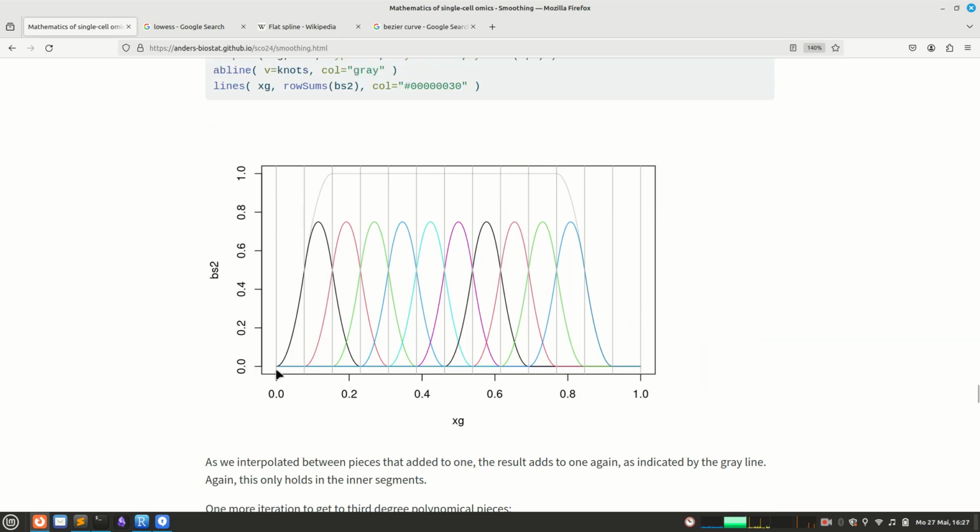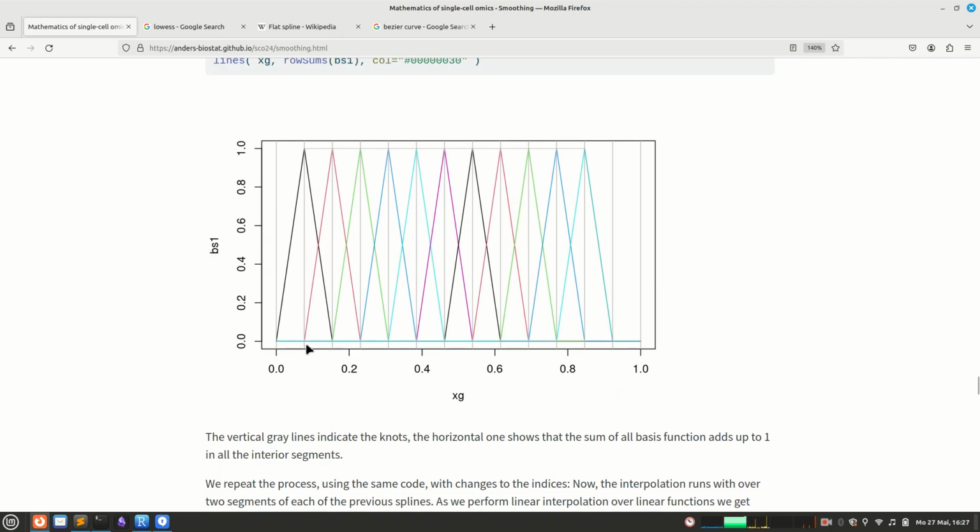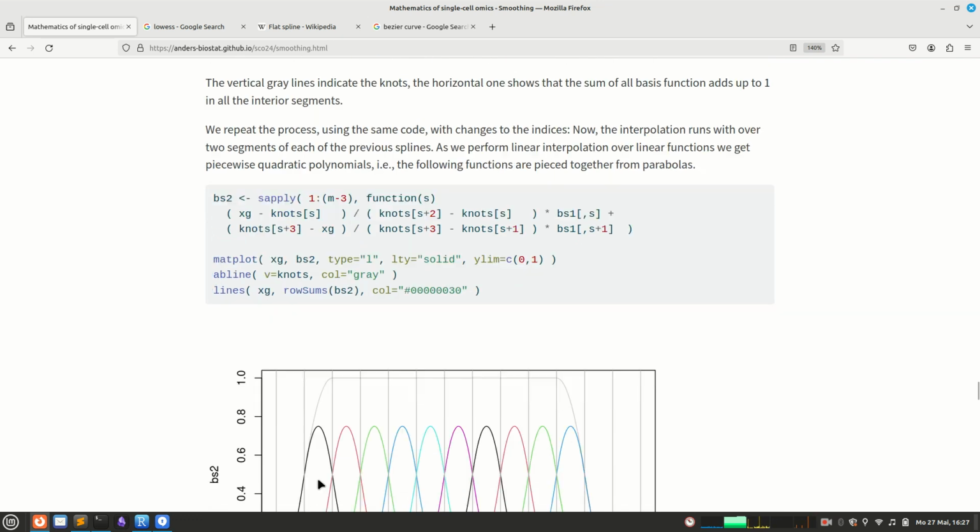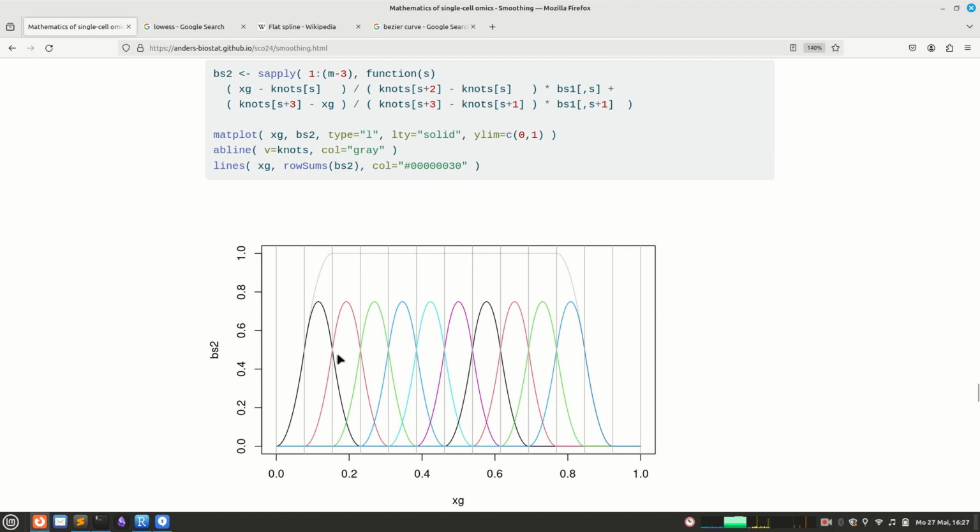And what you then get is this black function. So the black function is the linear interpolation between the black triangle and the red triangle, always progressively taking less from the black and more from the red one. And of course, you do this for all of them. So they all have exactly the same shape.